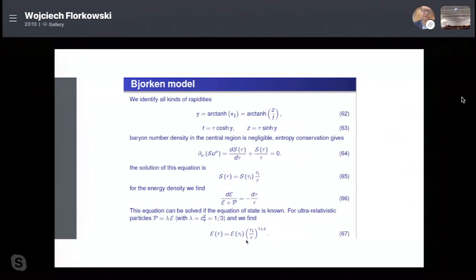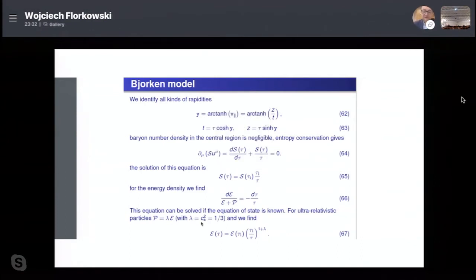So then you can also find the energy density as a function of time. Generally, the square is denoted here by lambda.